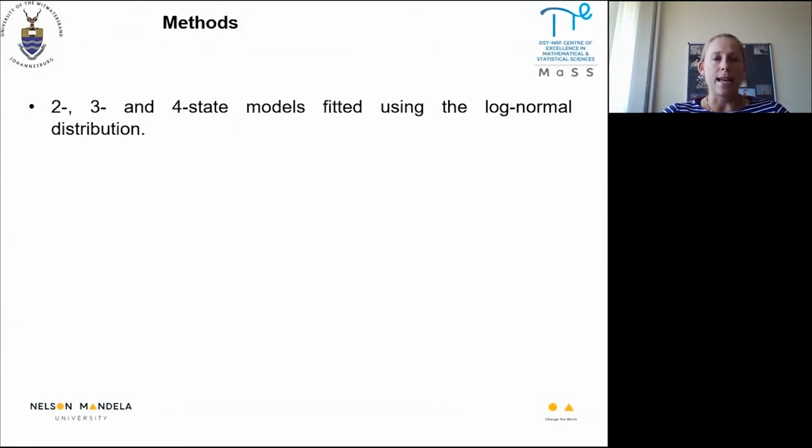In terms of the actual model fitting, we tried fitting 2, 3, and 4 state models, and we used the log normal distribution as our state dependent distribution. Just as an aside, with hidden Markov modeling, some people use the displacement distance only, and some use the displacement and turning angle as the model inputs.